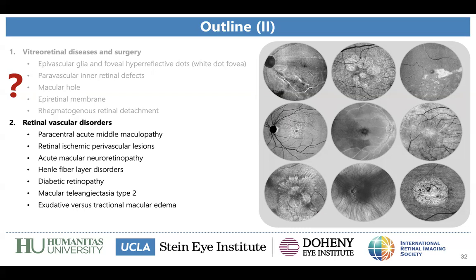There is a paper by Govetto and colleagues on this in the American Journal, but also the presence of CME around the macular hole. So for sure, the application of en face OCT in macular holes is very, very important.